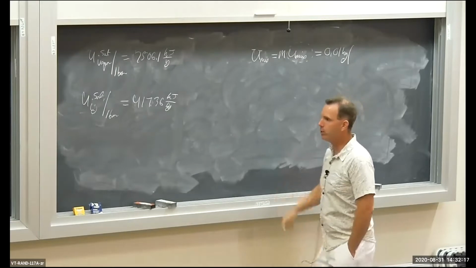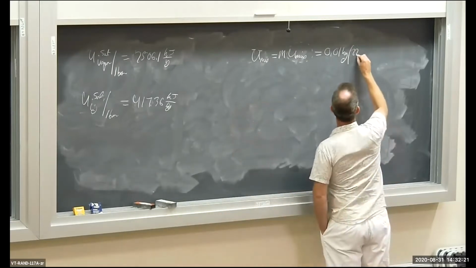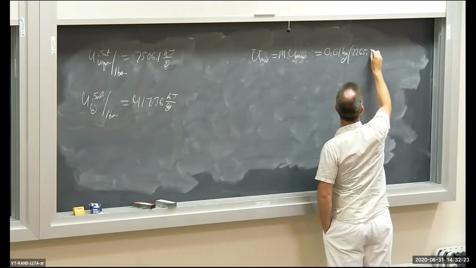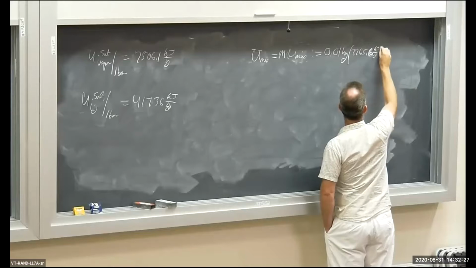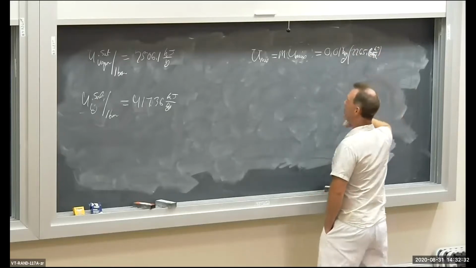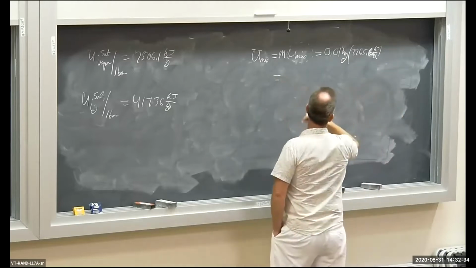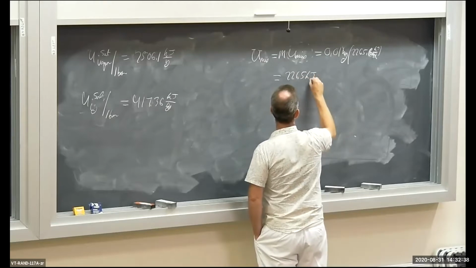And the specific internal energy was 2265.8 kilojoule per kilogram. The kilograms cancel out and I get kilojoules. And so I get 22.65 kilojoules.